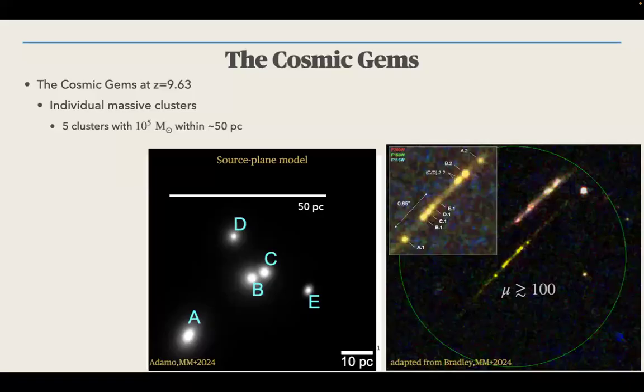Not only are they individual clusters, but they are clustered, with more than 10^5 solar masses contained within a radius of less than 50 parsecs. So this is really something not observed in the local universe. Something very dense, within this 50 parsecs.